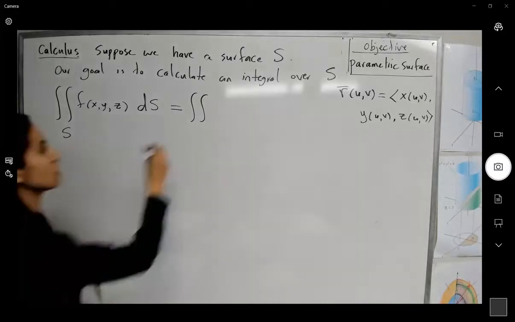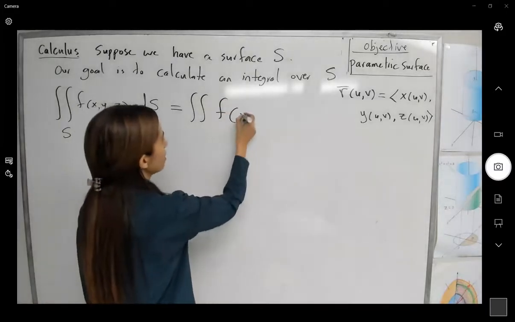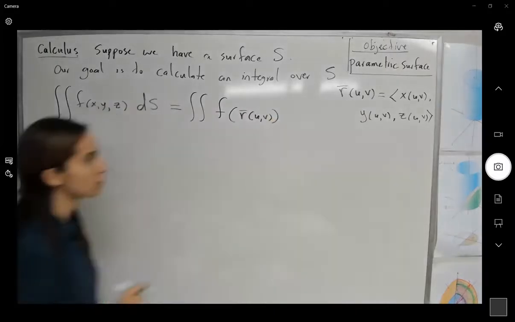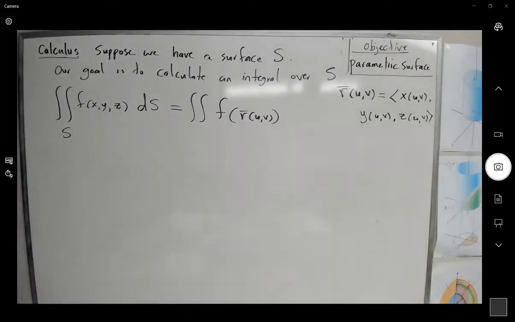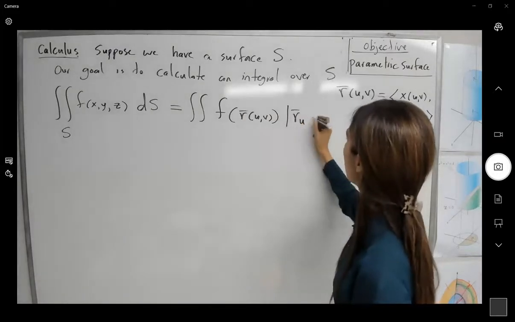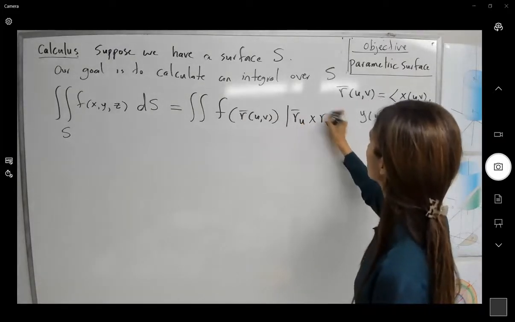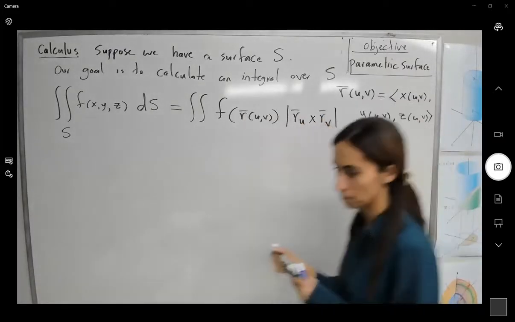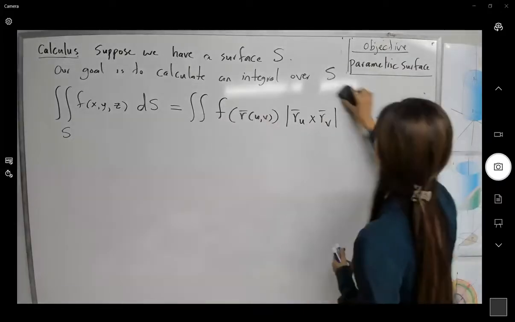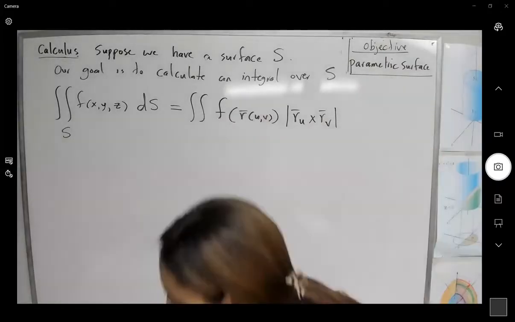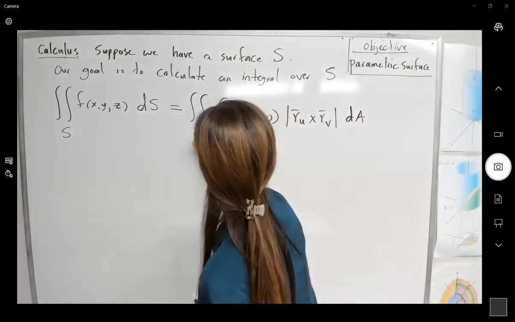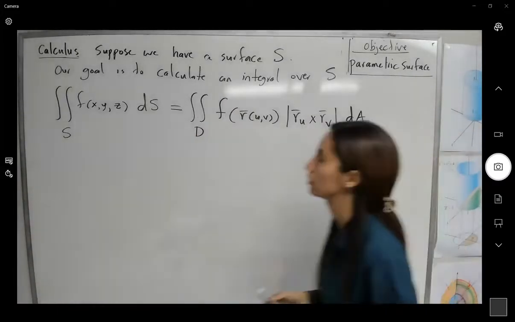So in terms of f of r(u, v) times, well, here we need the magnitude of the cross product between r_u and r_v dA, over the given region that your surface is defined over.